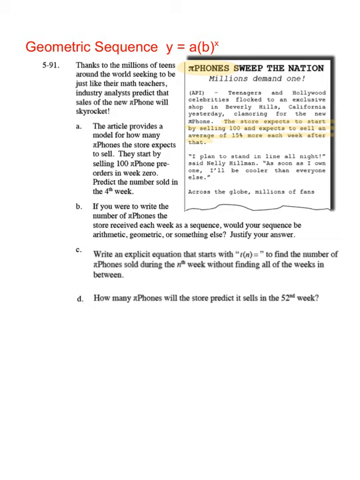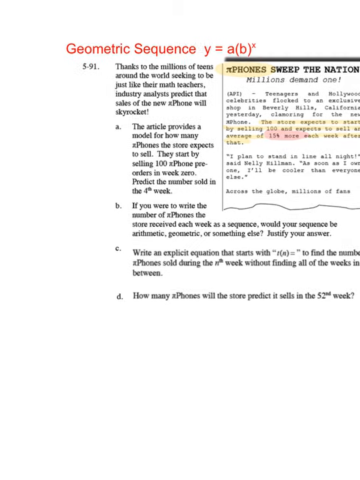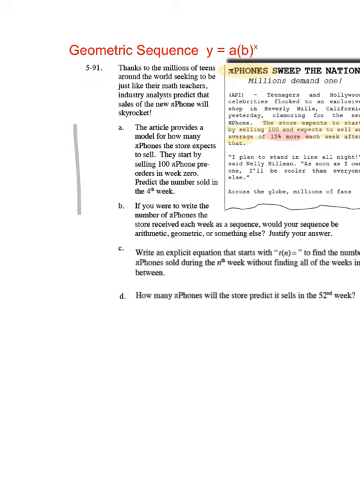So that 15% more tells me that it's going to be increasing. So although I start with 100 phones, I'm starting with 100 at 0 weeks gone by. And I think it's measured in weeks and phones.